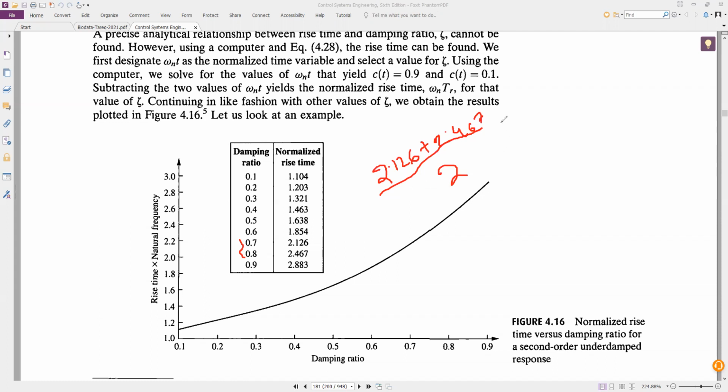Let me check again. Okay, whatever, 2.29 means 2.3, right?